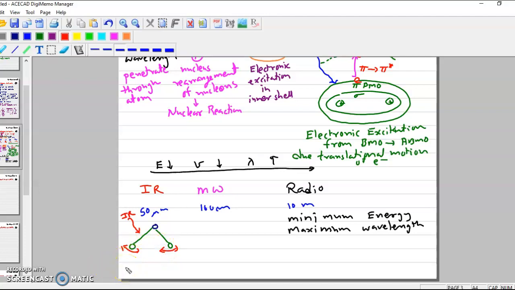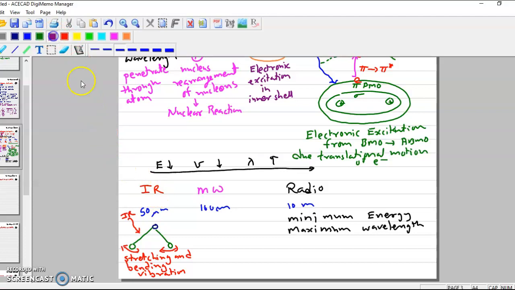This can be stretching or bending of the molecule, which is basically called vibrations. So when a molecule absorbs infrared, it normally vibrates. This brings a change in vibrational motions, and that is the main effect of infrared.